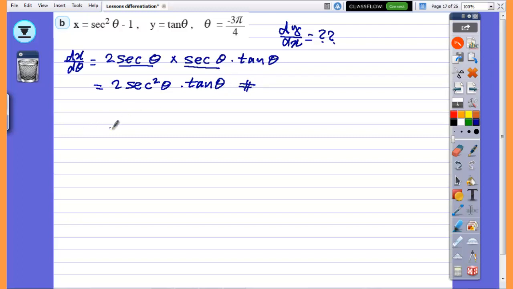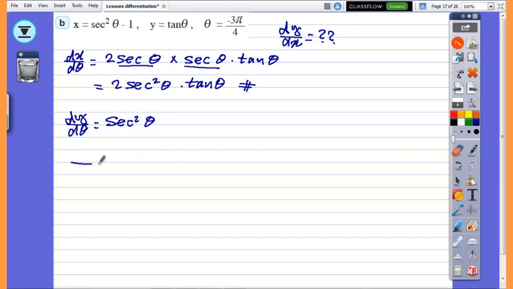Now we must calculate dy/d theta. We have y equals tan theta, and the derivative of tan theta with respect to theta equals sec squared theta.